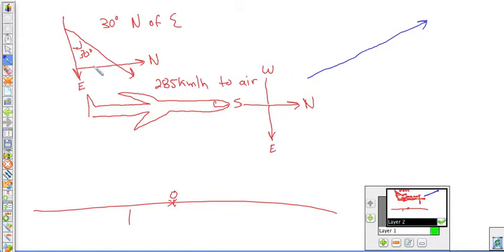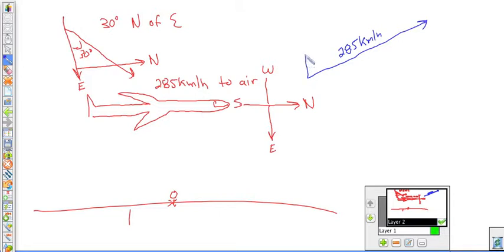Well, it's going to have to angle enough to the west to compensate for that wind pushing it to the east. So if our plane can go 285 kilometers per hour, and we know that we're going to have to angle up to the west, we've got to figure out how much to the west it is going to angle up.